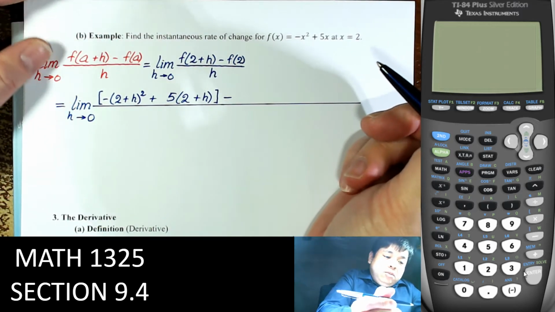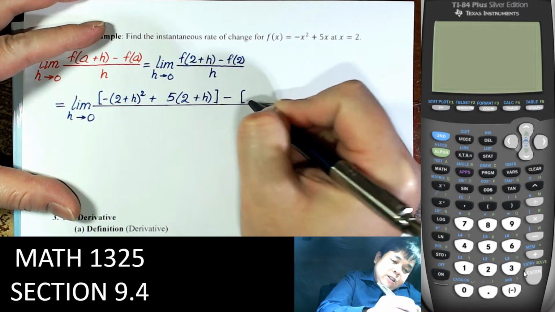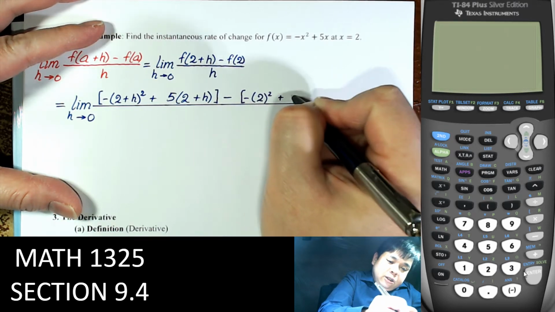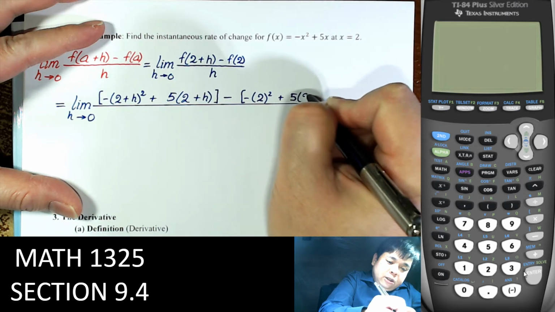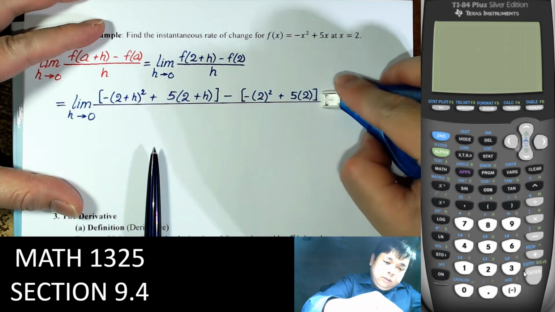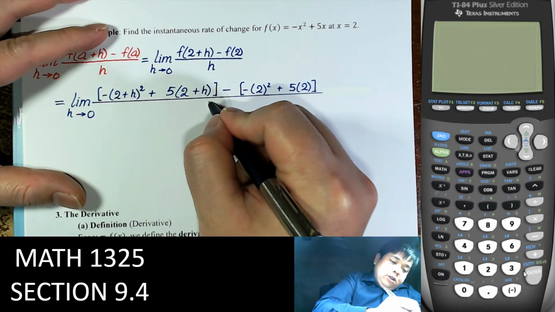And then minus, where we put 2 into x. And all of that over h.